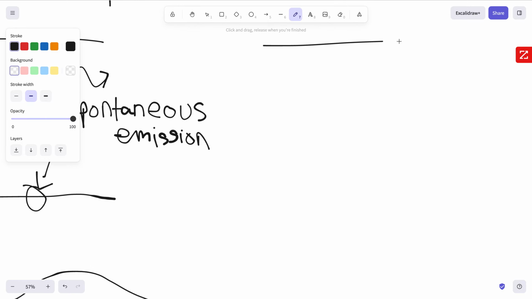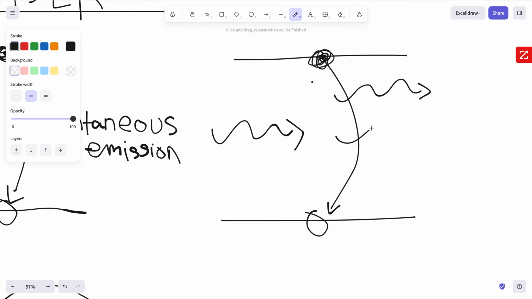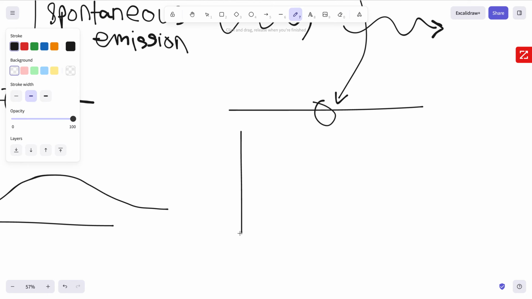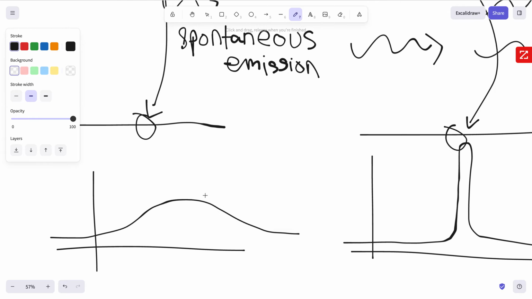So lasers work by stimulated emission. This is when you have an electron in the conduction band and a hole in the valence band, and a photon comes that stimulates this electron to fall down. Because it was stimulated by that photon, it produces a photon that's exactly the same, resulting in an emission spectrum that's much more intense because all the photons are much more similar.